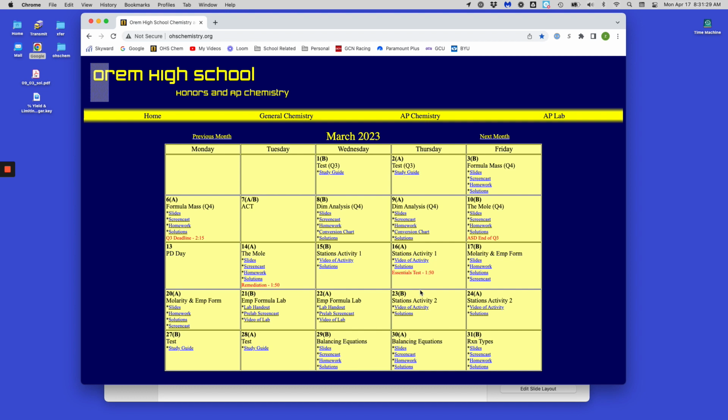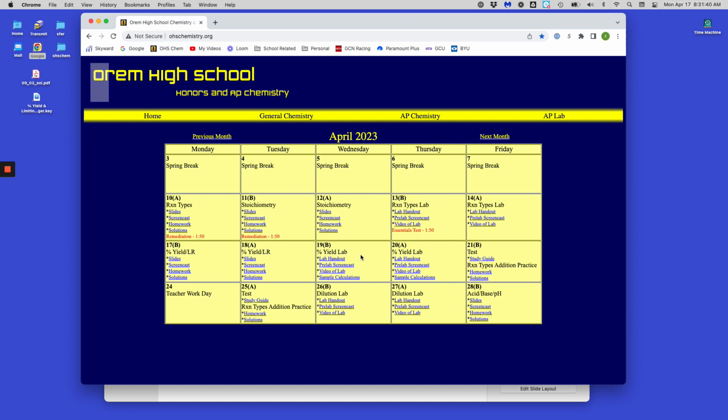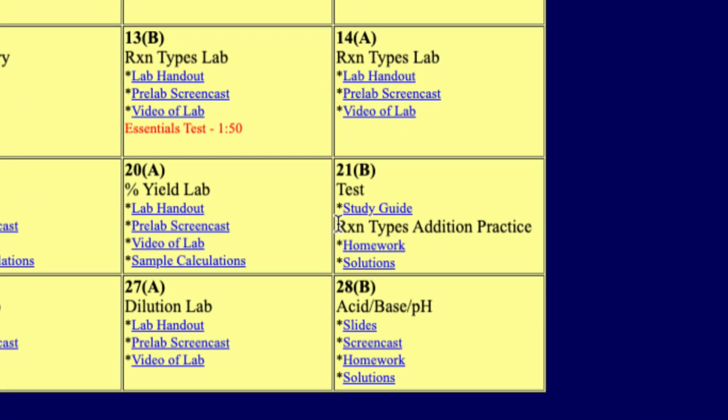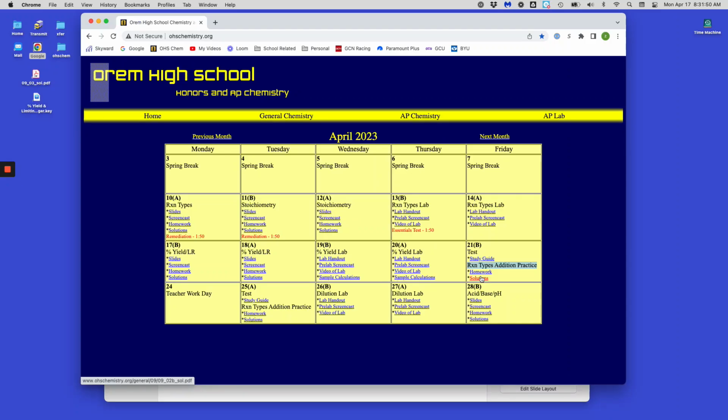And when we learn to balance equations, doing reaction types, where did it go? Oh, here it is. Oh, nope. Here it is on the test. So guys, on the day of the test, it says reaction types, additional practice. Here's the assignment, and then the solutions to it. So you've got that as well.